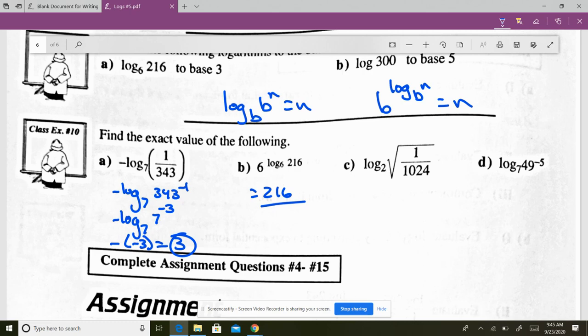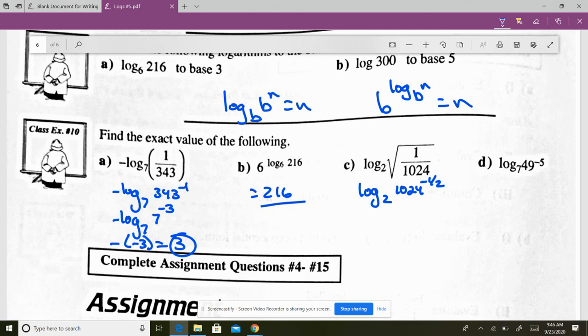C. Square root tells you what's the exponent? 1/2. 1 over 1024, and we want to make it in base 2, so I'm going to have to flip the 1024, right? So it's going to be log base 2 of 1024 to the power of negative 1/2. Half for the square root, the negative for the fraction. Are we good so far?